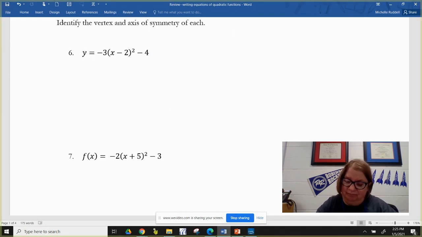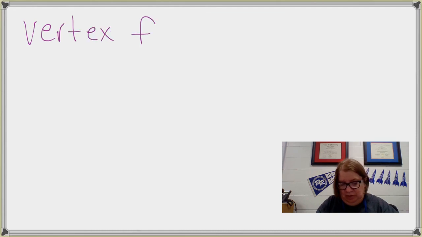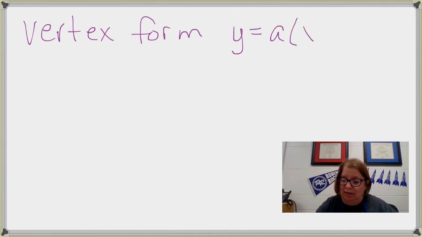Let's do this. Vertex form of a parabola. They're both parabolas, but you can write the equation in 2 different ways, standard form or vertex form. Vertex form is y equals a times x minus h squared plus k.